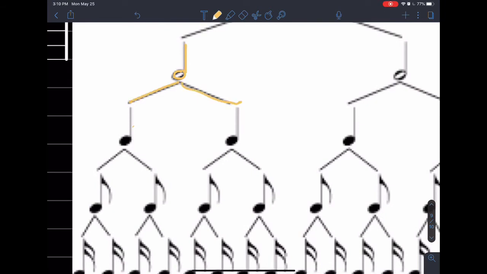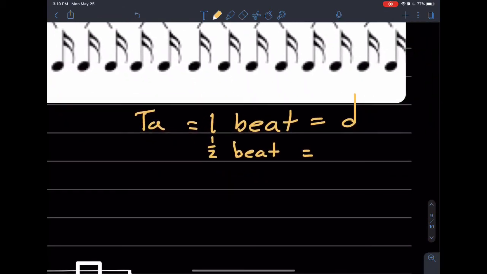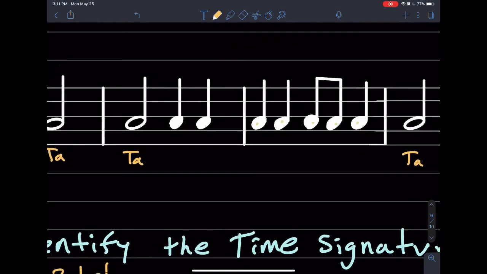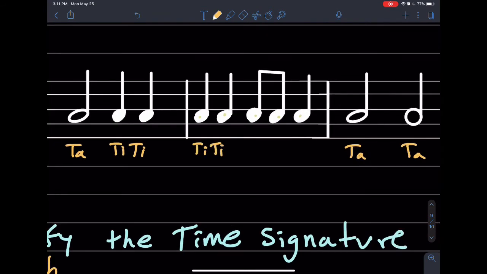If we divide that by 2, we get quarter notes. So each quarter note is going to be worth half of a beat. Whenever we see a quarter note, we're going to say ti. 2 quarter notes there. Here's some more quarter notes. There's another quarter note here.